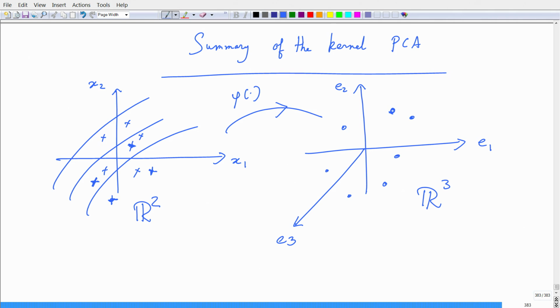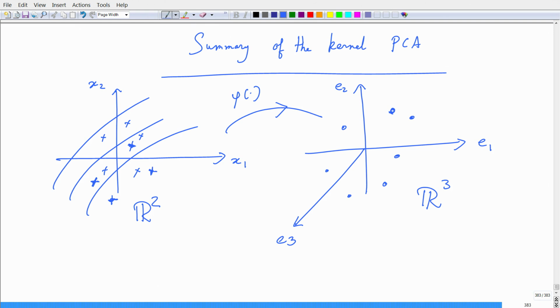So, given the training samples, I need to compute the kernel matrix, and then from the kernel matrix I need to solve an eigenvalue problem. So, the geometry is sort of what we have here. I have x1 and x2 in the 2-dimensional space.